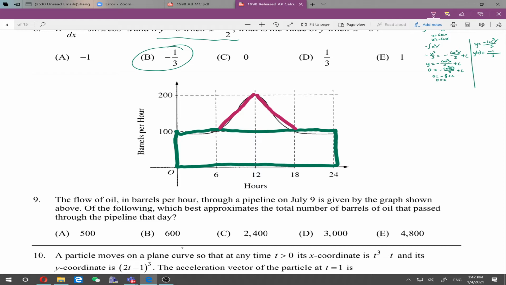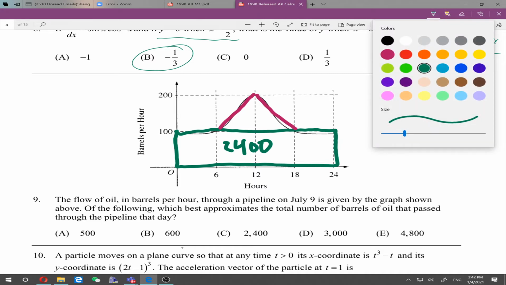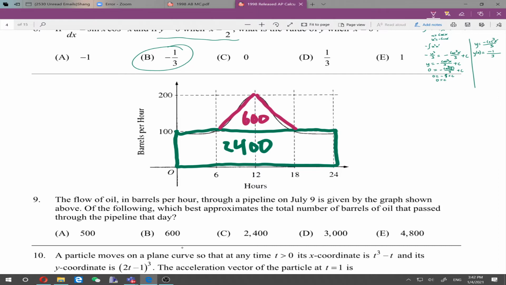Okay, so what's the area of our green box? $2,400. Okay, and what's the area of our red triangle? 600. So our estimate is about 3,000.